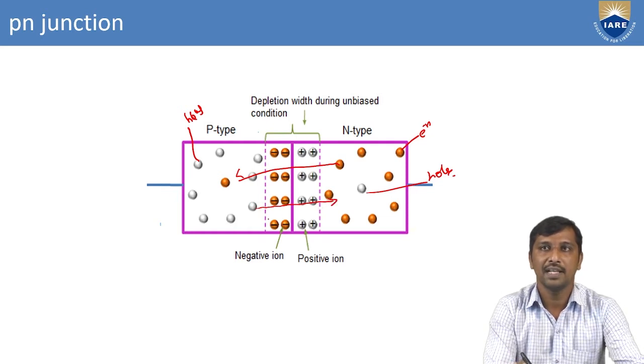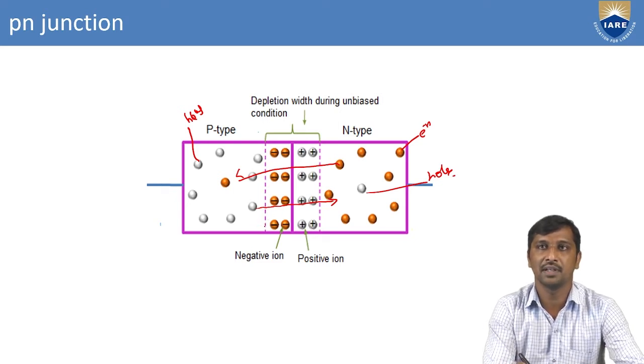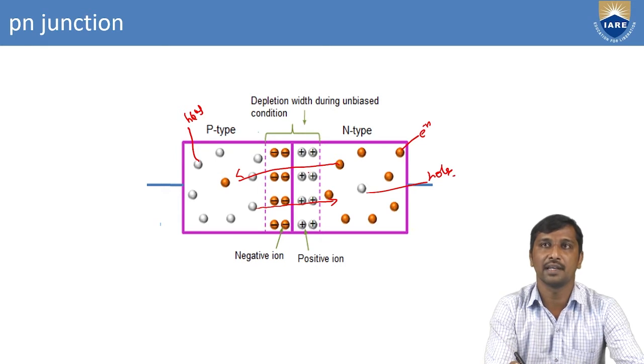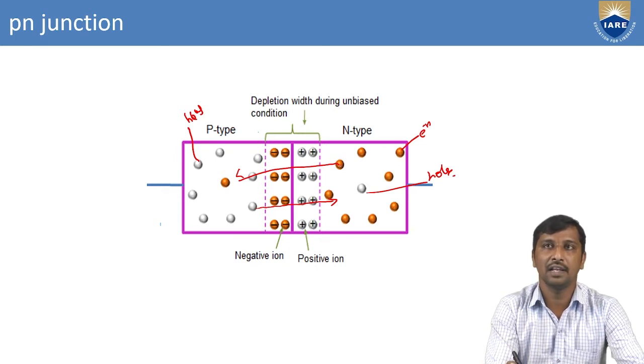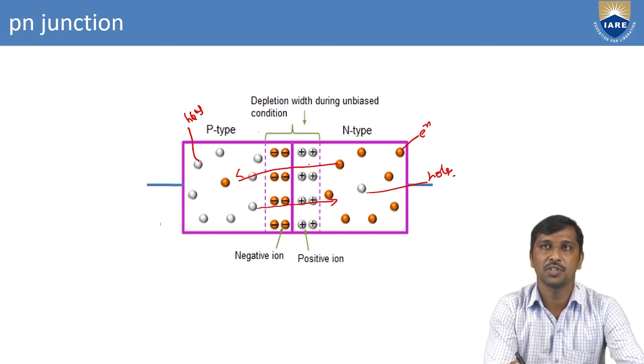While traveling from one region to the other, whenever a particle loses its energy, it becomes an immobile ion. Whenever the electron loses energy, it becomes immobile and is represented by a positive ion. This is the notation for the positive ions.